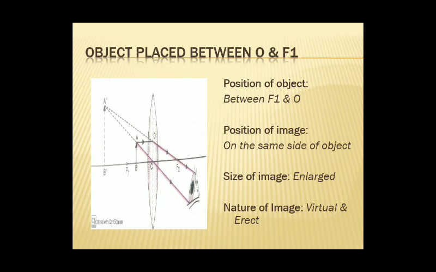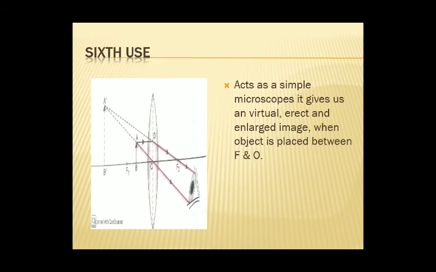Now what are the uses of this? It acts as a simple microscope. You might have observed the palmist, right? They use it to see the lines of your palm. Similarly, you have seen in the hands of a detective a simple big lens with a handle.